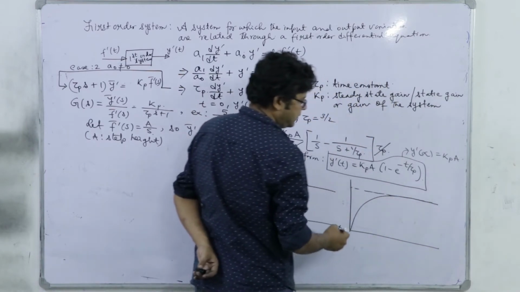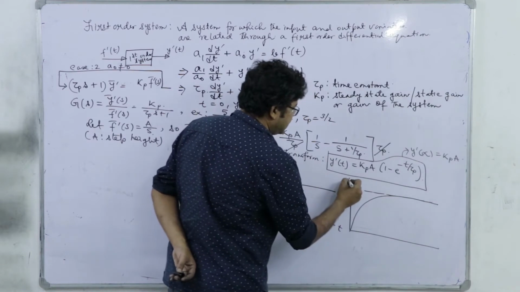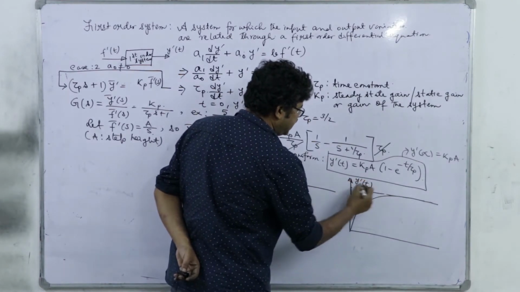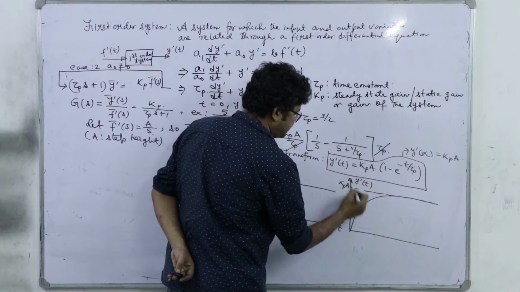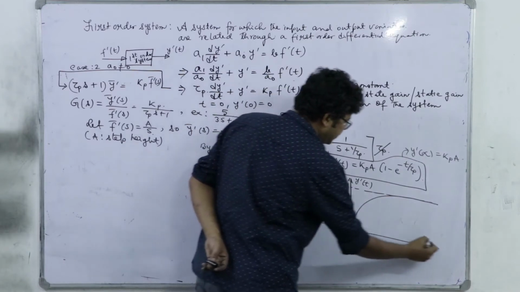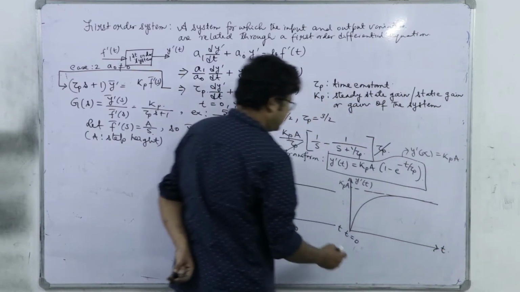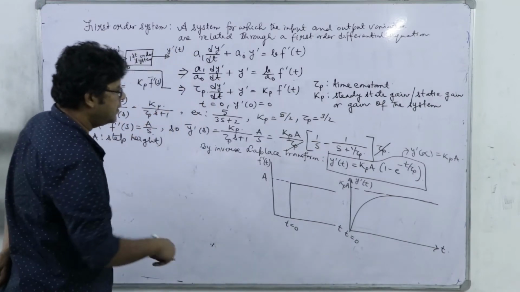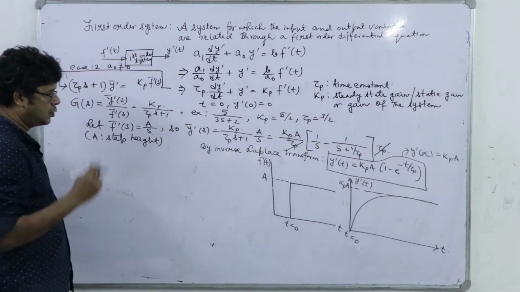So it will be like this. Okay. So it's y prime t, this is Kp into A, and this is t equal to 0, this is axis t. So it's an exponential growth.